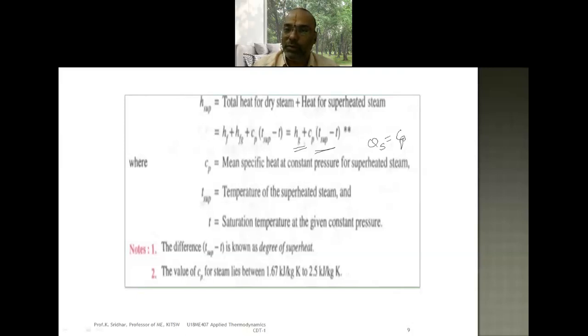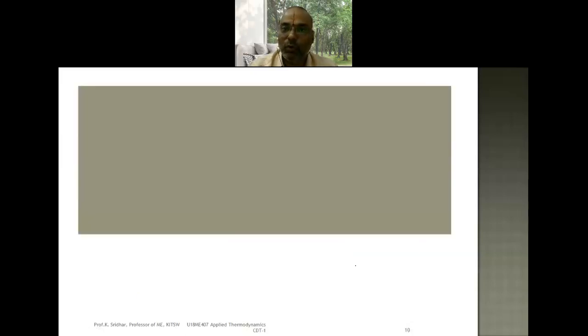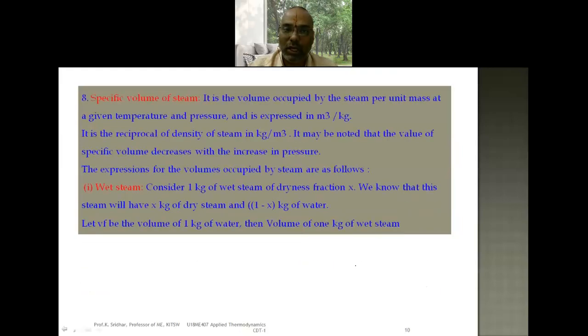Per unit mass of the substance, the sensible heat transfer is nothing but Cp into delta T. The same formula I have written here, Cp into delta T, that is T superheated minus T saturated. This is known as the degree of superheat. The Cp value of superheated steam will always be in the range of 1.67 to 2.5 kilojoules per kg Kelvin. If the Cp value is not given in the problem, you may take any value lying between 1.67 and 2.5 kilojoules per kg Kelvin.